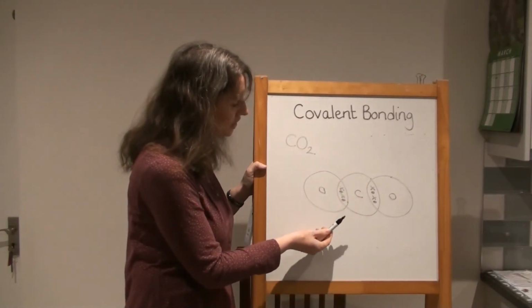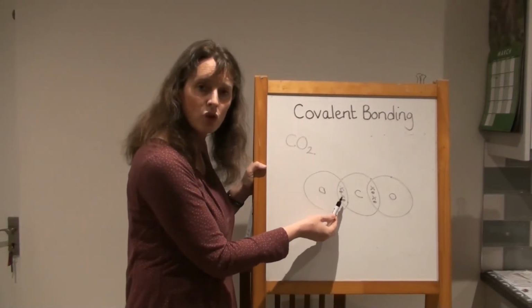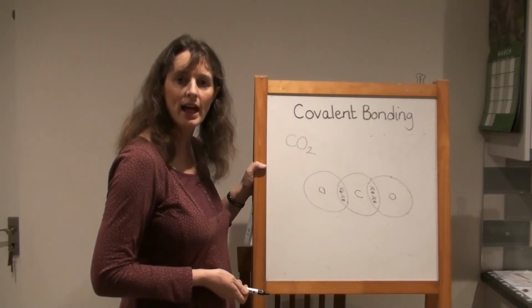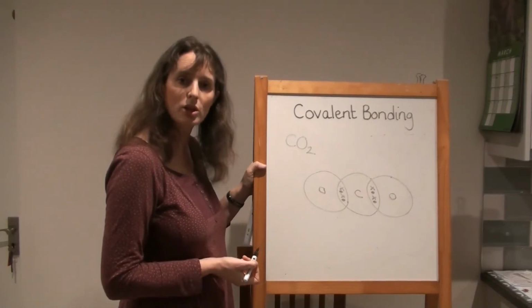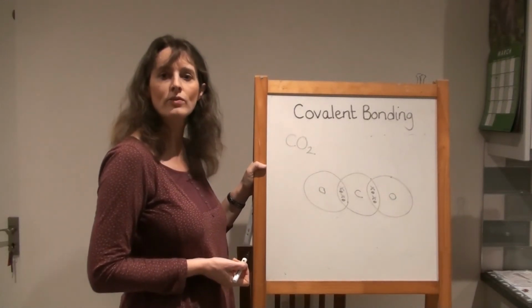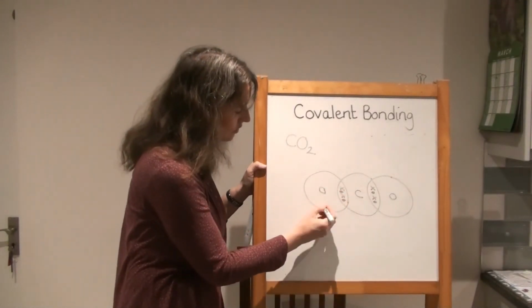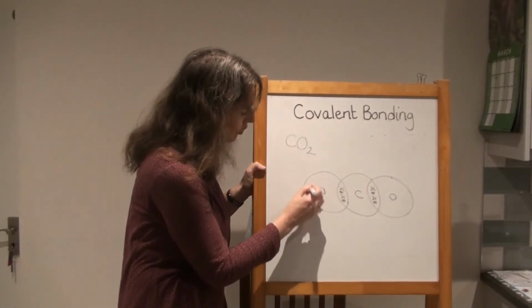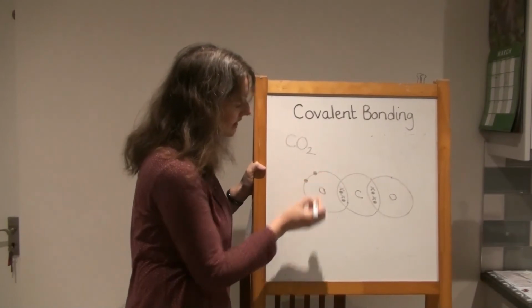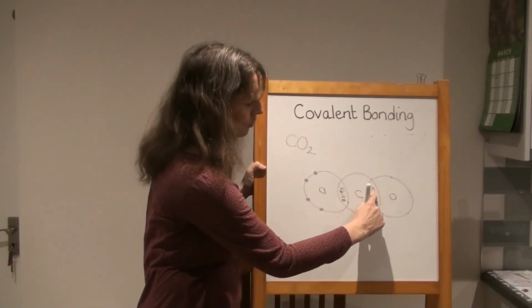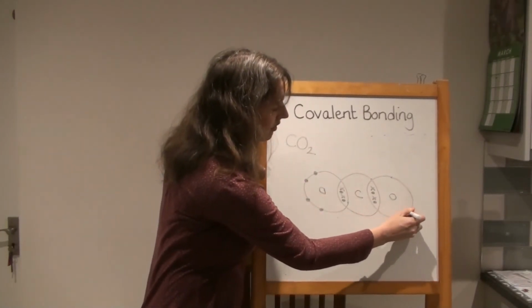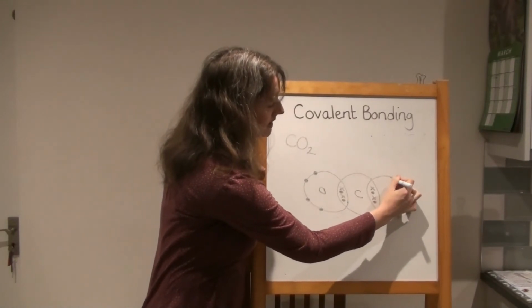Looking at the oxygens then, I've already drawn 2 of those electrons, so we need to take that up to oxygen's outer shell total of 6. So 1, 2, 3, 4, 5, 6, and the same on the other side. 1, 2, 3, 4, 5, 6.